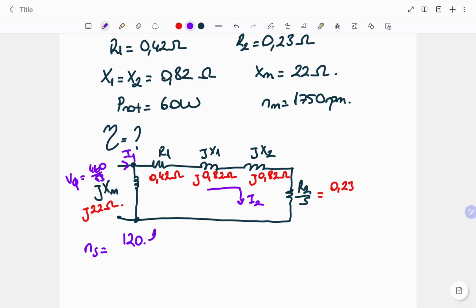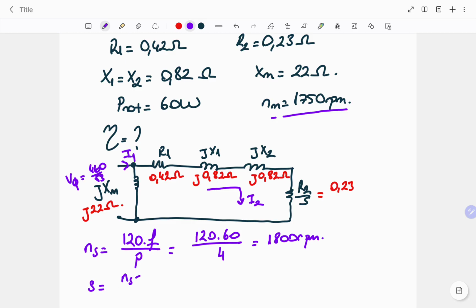Ns, the synchronous speed, can be calculated with 120 f over P, the pole number. 120 times 60 over 4 will be 1800 RPM. And also we know the Nm, the motor speed, and we can calculate the slip with the expression of Ns minus Nm over Ns.